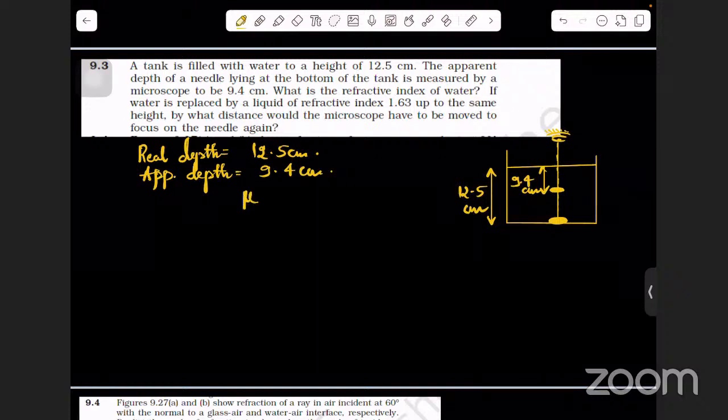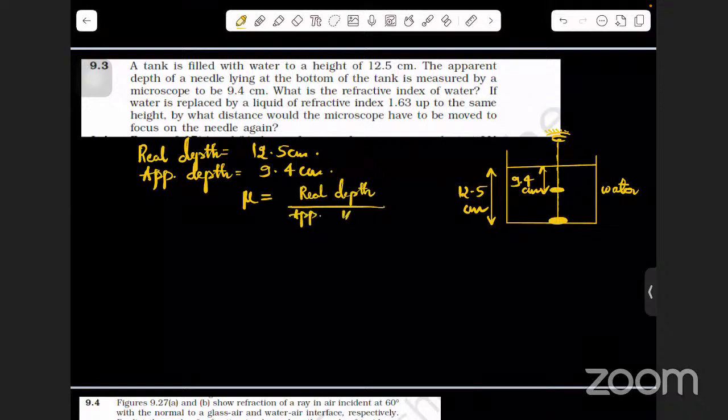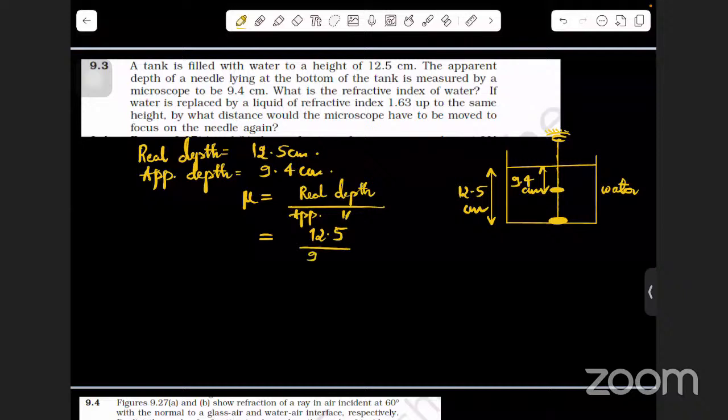The refractive index of a medium, over here it's water, equals real depth upon apparent depth, which is 12.5 upon 9.4, and this equals 1.33.